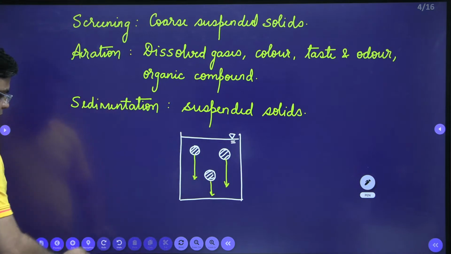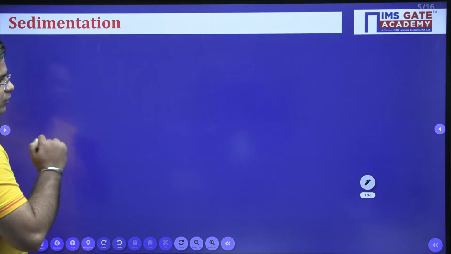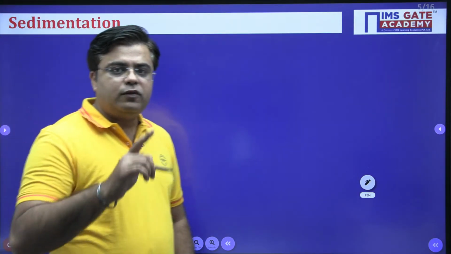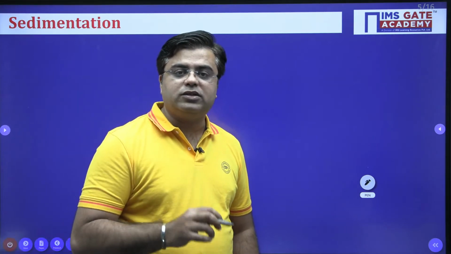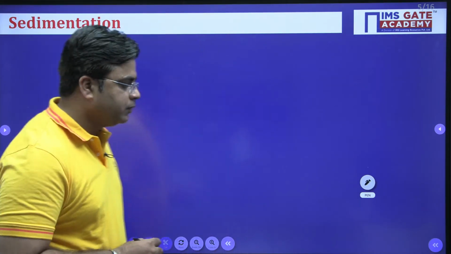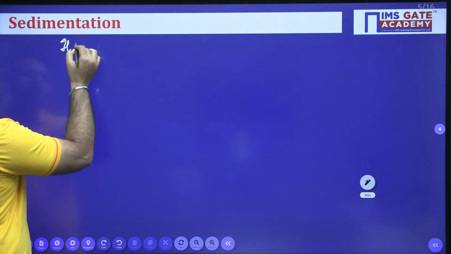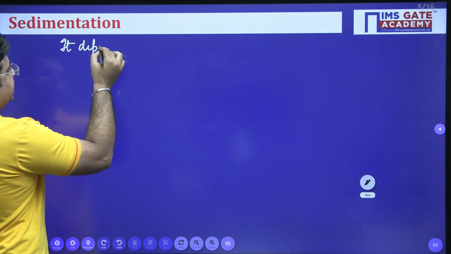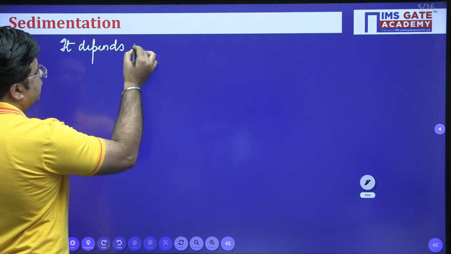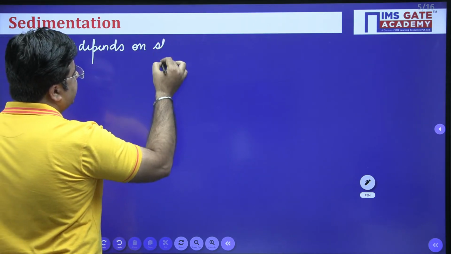Now this settling of solids, or the sedimentation of these solids, depends upon one single parameter, and that is known as the specific gravity of the solids.